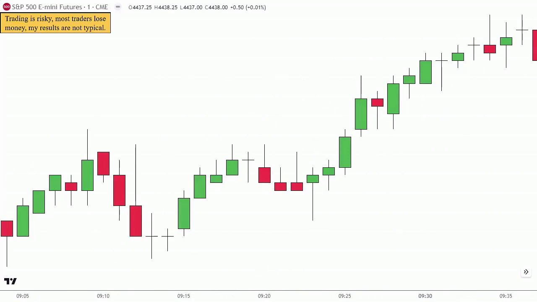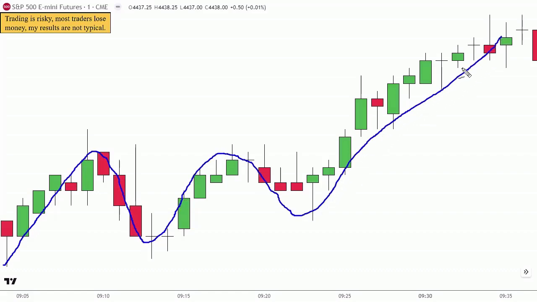Actually, I've got an indicator for this. I'll be happy to give you for free. And let me see if I can bring this up for you here. Yes, so oscillations in the market, that's what we call cycles. Now, there's timing that goes into this. So we've got a cycle high, a cycle low, a cycle high, a cycle low, a cycle low, and another high. Now, these cycles expand and contract.